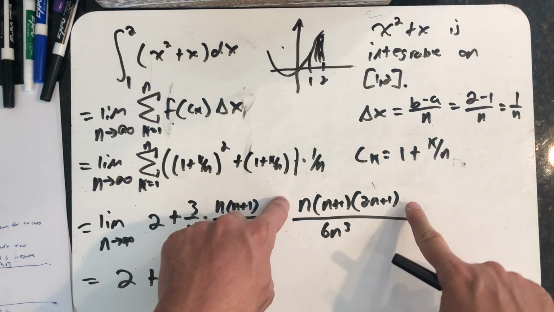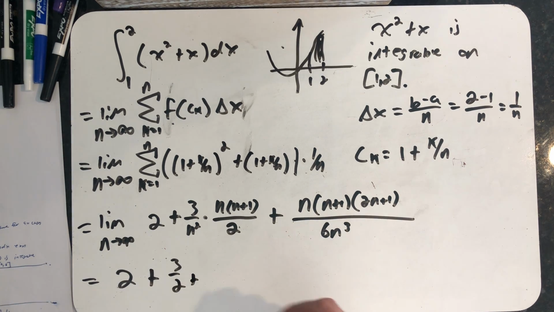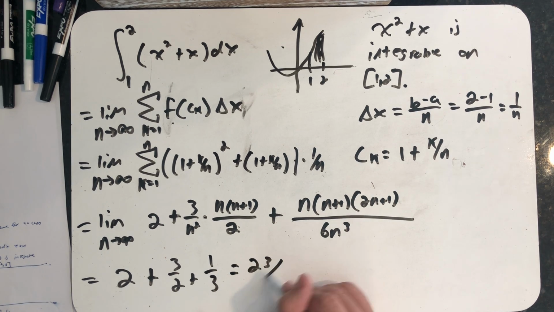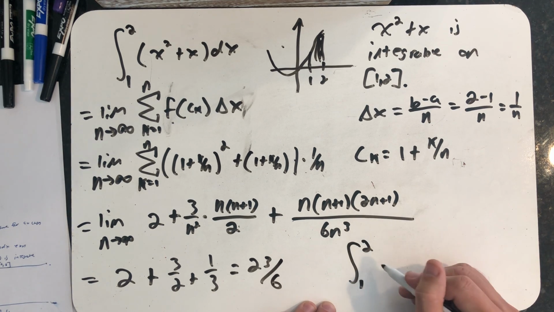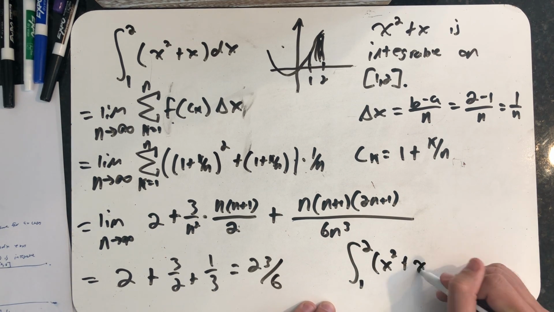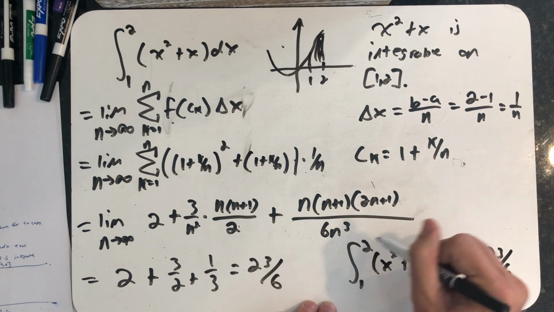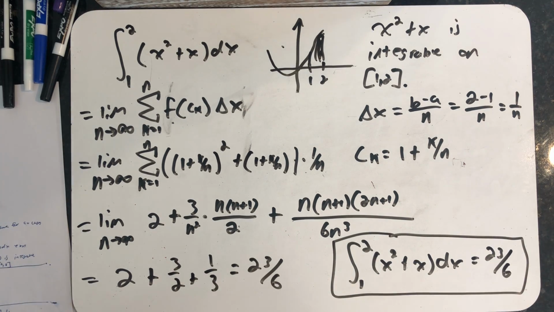Plus, I have a 2n cubed on top over that 6n cubed on the bottom, so that's 2 over 6 or 1/3. And when I add those together, I get 23 over 6. And so now I know that the value of this definite integral I started with is 23 over 6.